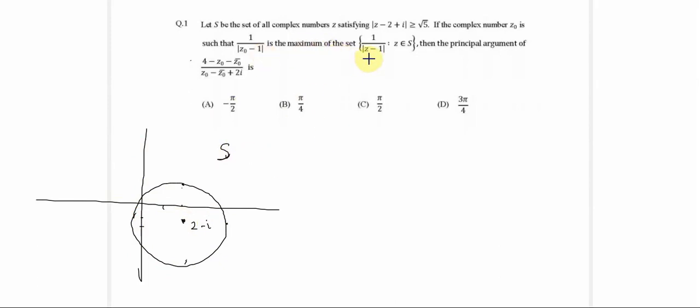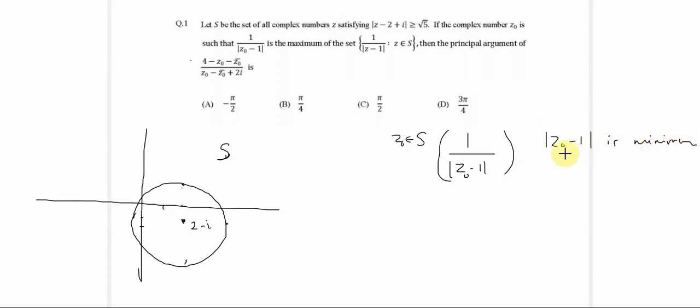Now we need to find the z in S such that this is maximum. For this to be maximum, we need to find z naught such that mod z naught minus 1 is minimum. And what is mod z naught minus 1?